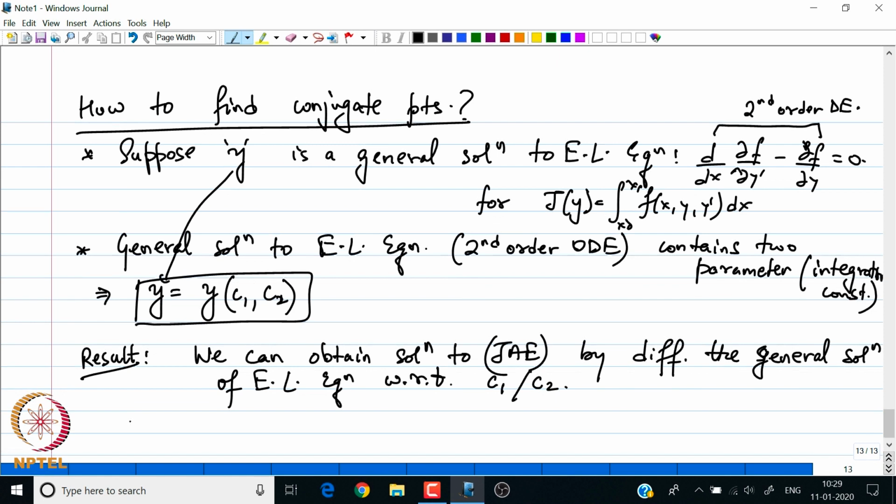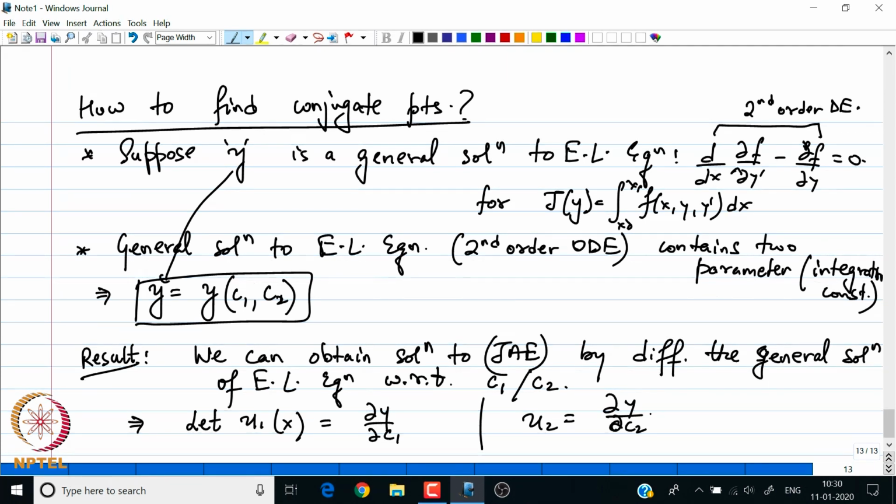Let me call my first solution u1 of x, which is partial y partial C1, and my second solution u2 is partial y partial C2. Students can check that these are indeed solutions to the Jacobi accessory equation.